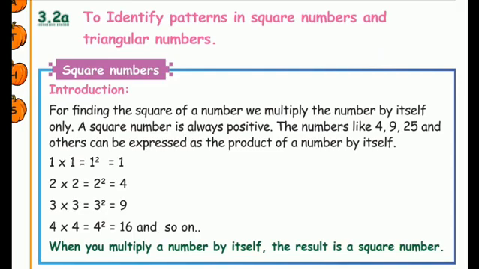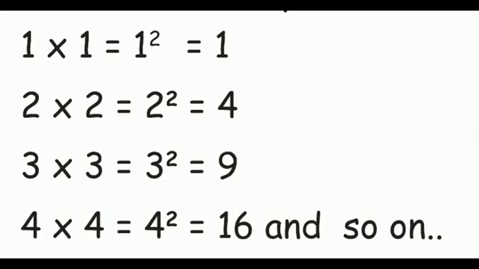For example, 1 into 1 equals 1 square. 1 times 1 is 1. Next, 2 into 2 equals 2 square. 2 2s are 4. Next, 3 into 3 equals 3 square. 3 3s are 9.